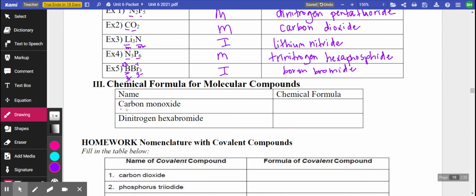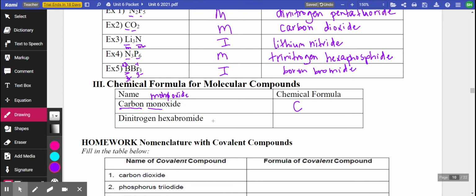All right, let's write some formulas. So this is pretty easy because the prefixes tell you what your subscript needs to be. So I have carbon, there's no prefix, so it's just 1. Okay. Monoxide, I have this mono. You'll notice in names with oxygen, if I have mono, I wouldn't write mono and then oxide after it. I drop the O on mono and then write oxide.